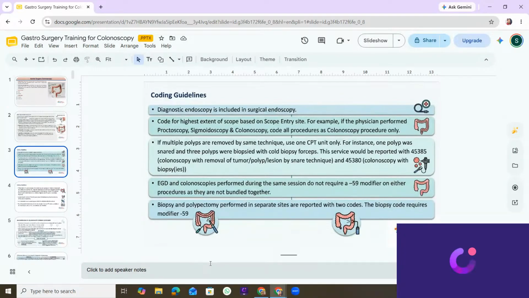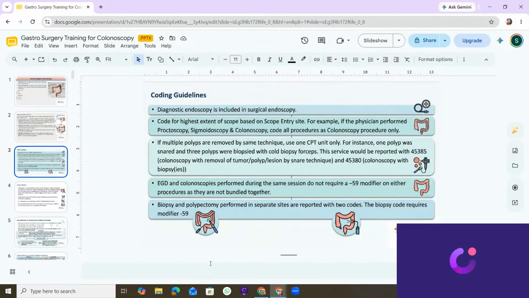Code for the highest extent of a scopy based on the scope entry site. For example, if the physician performs a proctoscopy, sigmoidoscopy, and colonoscopy, code all procedures as a colonoscopic procedure.